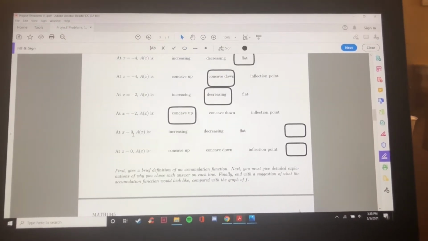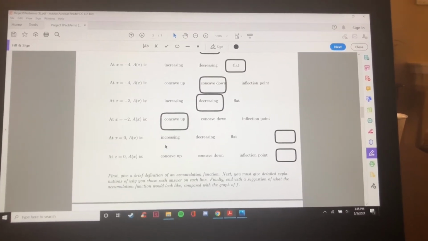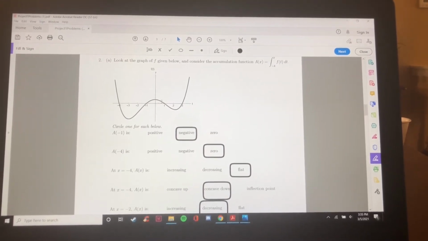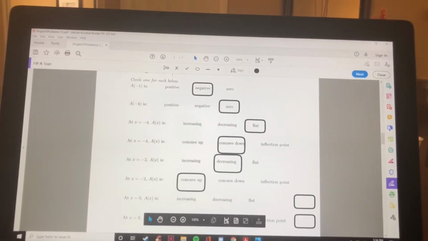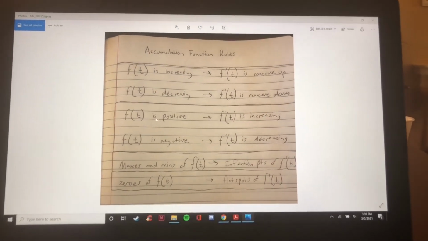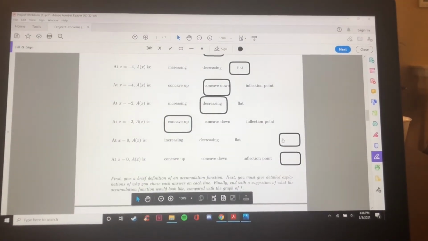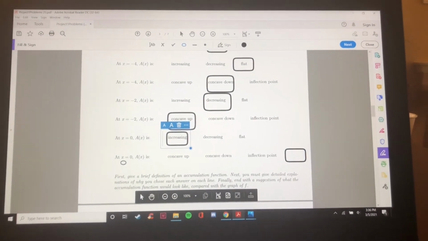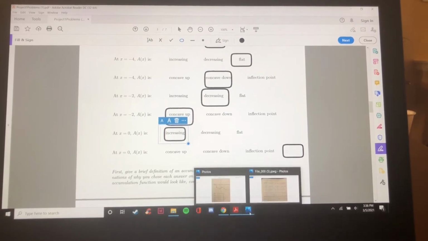Now, at x equals 0, A of x is increasing, decreasing, or flat? Well, at 0, you see all this area here that's actually positive. At that point, it's positive. So, according to our extended table, our accumulation will be increasing. And at x equals 0, A of x is concave up, concave down, or inflection point?